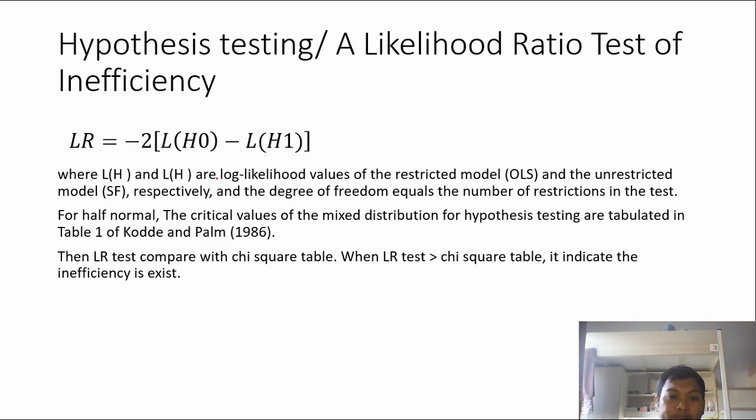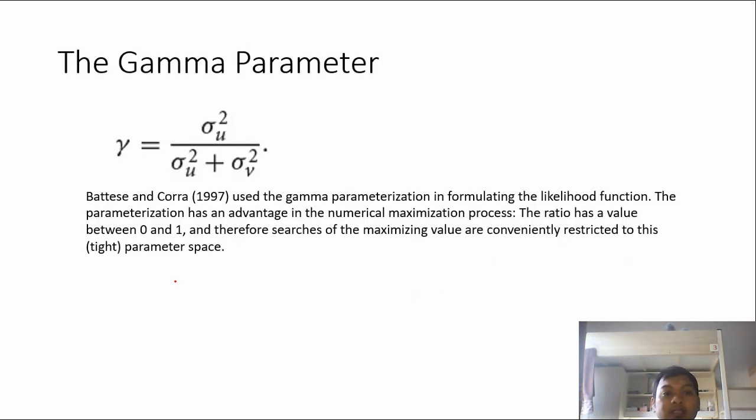The degrees of freedom equal the number of restrictions in the test. And for half normal, the critical values of the mixed distribution for the hypothesis are tabulated in Table 1 of Kodde and Palm. Then the LR test is compared with the chi-square table. When the LR test is greater than the chi-square table value, it indicates the inefficiency exists. Then there is the gamma parameter. The gamma is the percentage, the variance of the inefficiency divided by the total variance in the model.